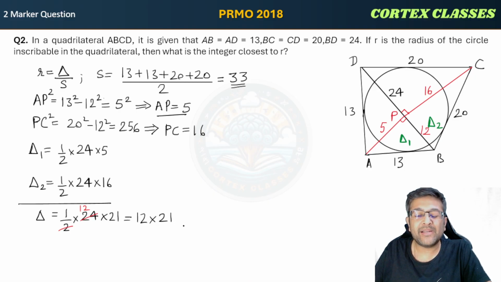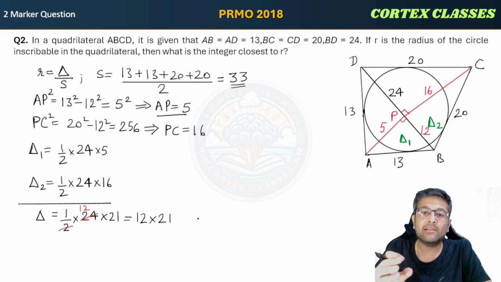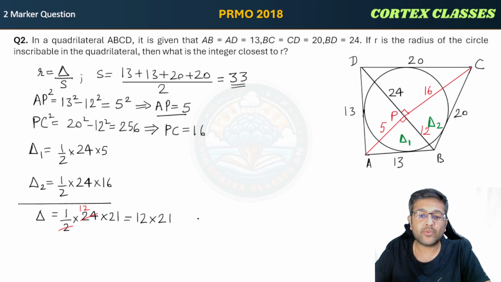So guys, don't need to multiply actually, because this is not our final answer. This is one thing I want to tell you. Don't always calculate the middle steps, even if it is doable. 21 into 12, obviously it is doable, right? So how much will it come to? 21 into 12 is 252. Okay, it's doable. But what I'm trying to say is you don't need to calculate every time. Because you know we still have to divide by 33. We can cancel some factors, then simplify, right?